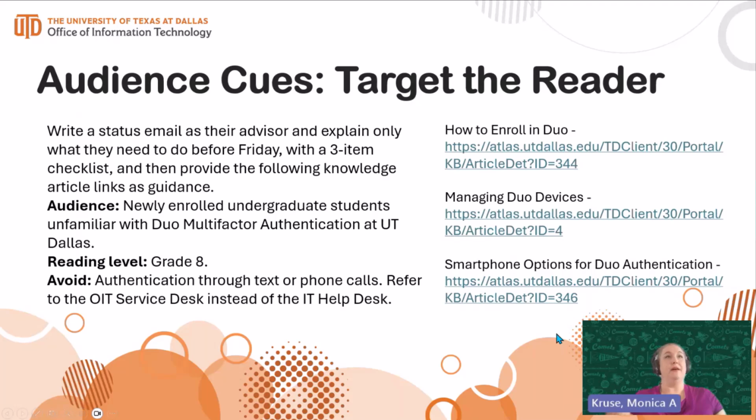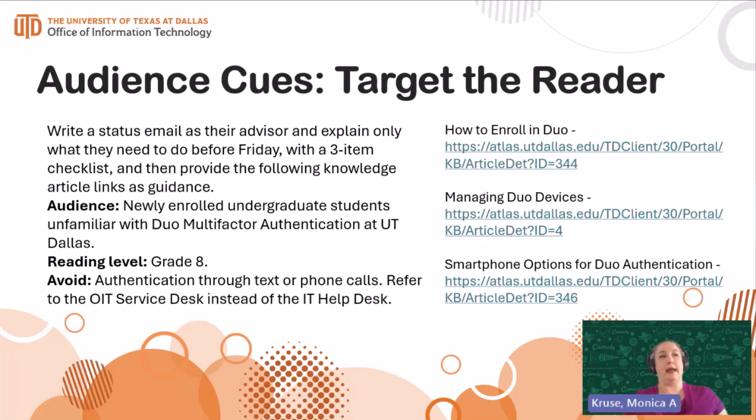So in this example, I'm going to ask Copilot to create an email and act as their advisor, and basically give the students a task to do before Friday with a 3-item checklist, and then provide knowledge article links as guidance. The audience is newly enrolled undergraduate students who are unfamiliar with Duo multi-factor authentication here at UT Dallas.